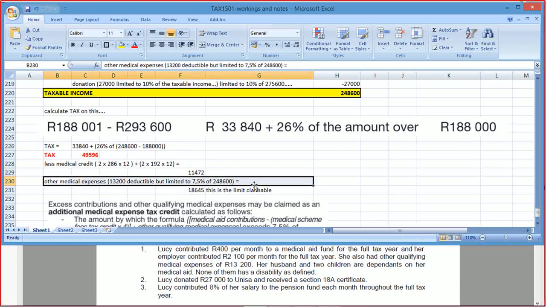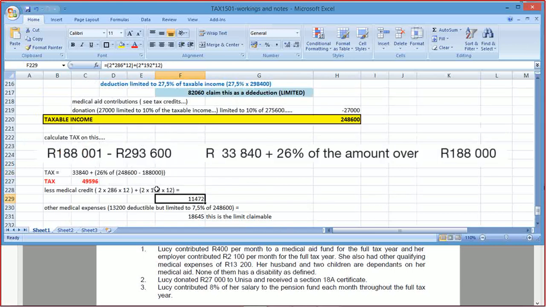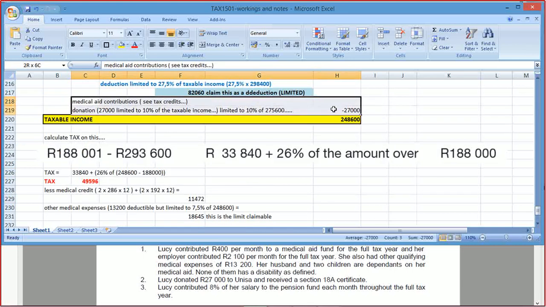How much does she contribute? 400 per month. 11,000. Yeah. Okay, 11,000 was her contribution, and her other medical expenses was 13,000. Okay, so if she's contributing that amount, that was her medical aid credit.